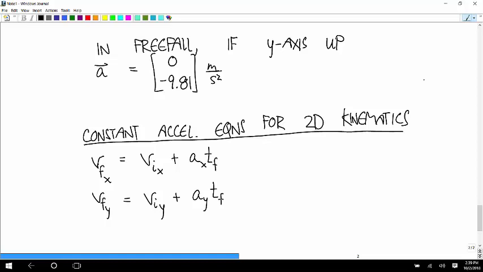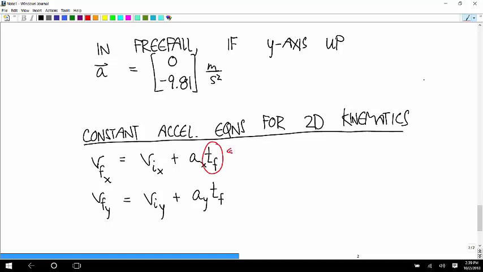Everything on there has a subscript that tells you what component you're talking about, except time final. Why doesn't time final have it? Because time isn't a vector. Time means the same thing that it did in one dimension. It's just a number. It's always positive.